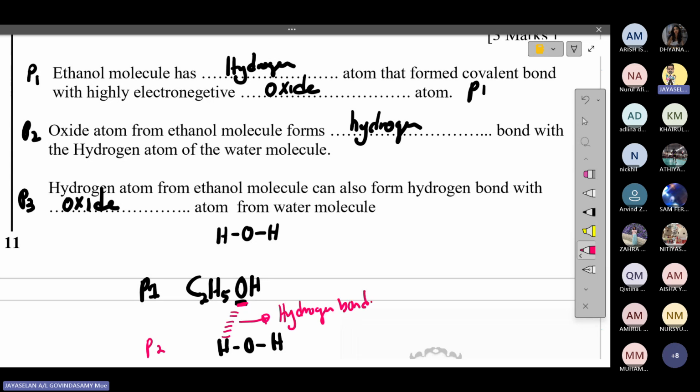One mark. Point number three: the hydrogen atom from the ethanol molecule will form hydrogen bonding with the oxygen atom of the water molecule. So you put here, hydrogen bonding.